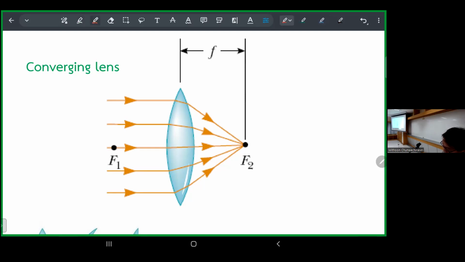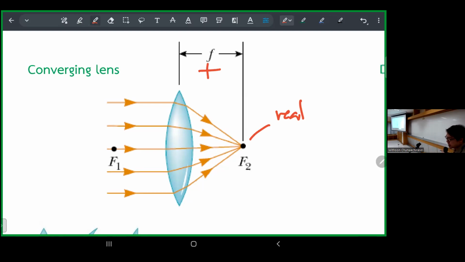So you can come to the same conclusion, this is real. And if you come in with a parallel beam, it's going to focus the beam down into a point at that focal point. So you can conclude this must be positive. Isn't that nice? So when you talk about lenses, you just flip everything that you learned from mirrors, and you flip everything to happen behind the lens. That's it. The logic stays the same.